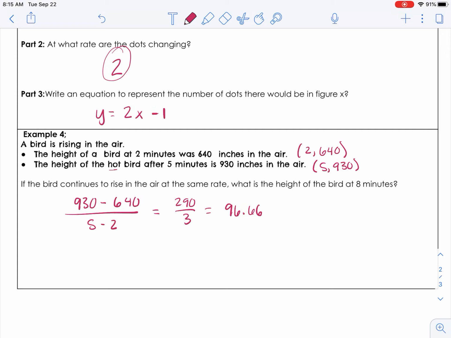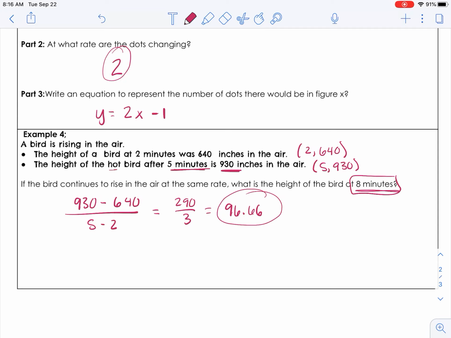And there's a couple ways to figure out the height of the bird at 8 minutes. We have this information, and we also know that at 5 minutes, the bird was 930 inches in the air. So one way to do this would be to add 96.6 three times, because we're changing 96 inches every minute, and the difference between 5 minutes and 8 minutes is 3 minutes.